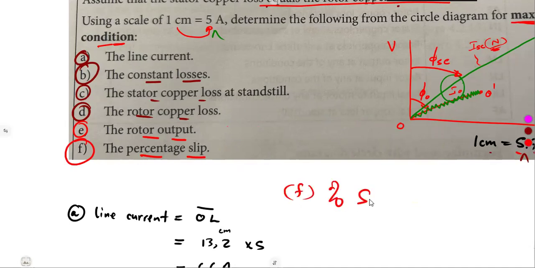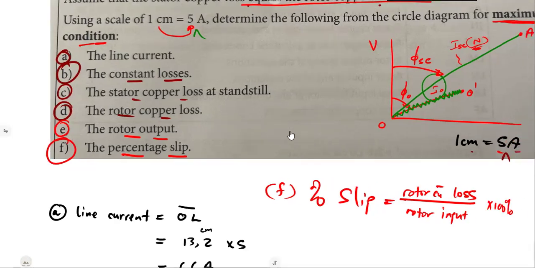Then the other part, the percentage slip on F. In order for us to have the percentage slip, we can calculate it from the rotor copper loss over the rotor input, times 100%.